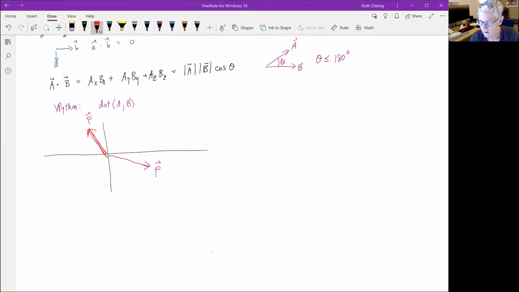We want to find the component of F that's perpendicular to P and the component of F that's parallel to P.